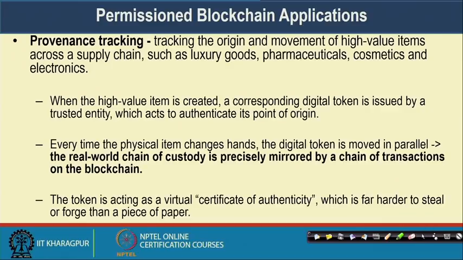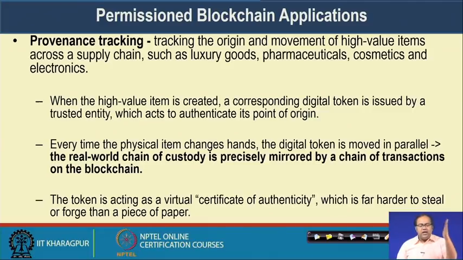So, all the stakeholders in the supply chain environment are known a priori. They can get this kind of digital token, which acts to authenticate its point of origin. That means the asset has originated at that point. Now, every time the physical item changes hands or changes its location, the digital token is moved in parallel.